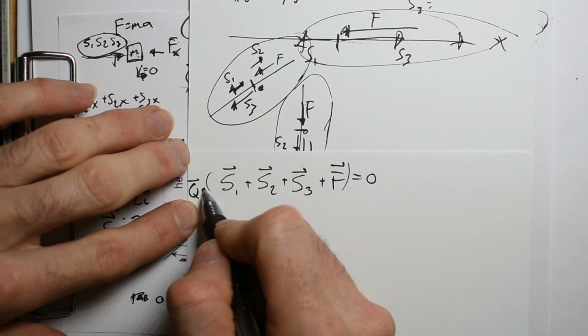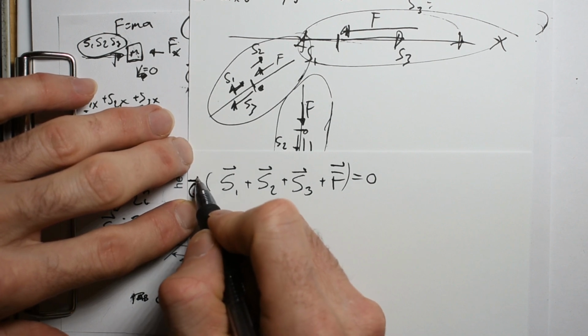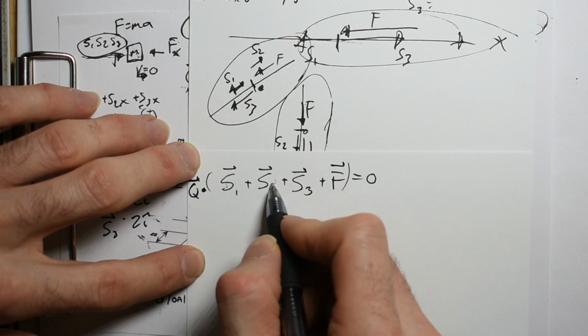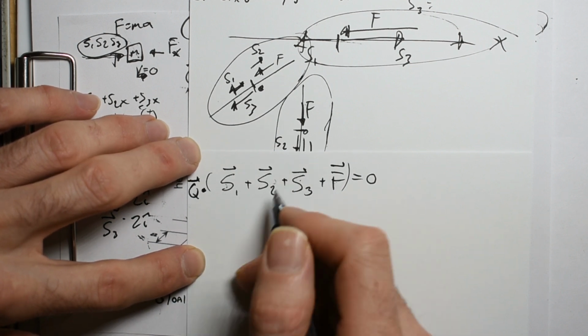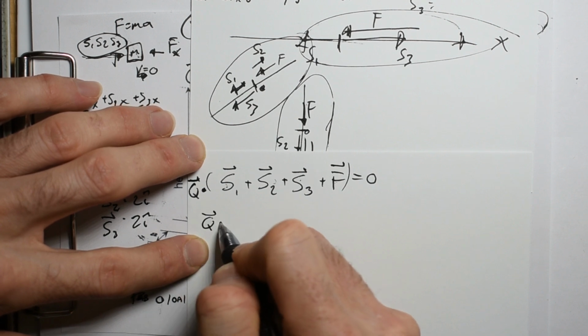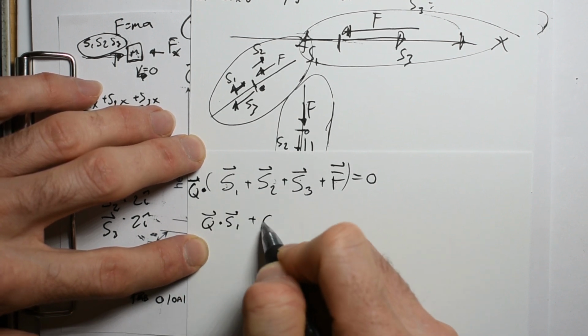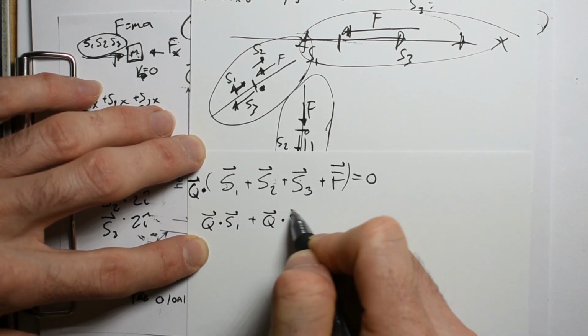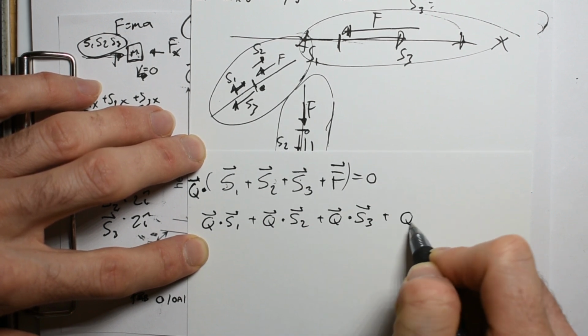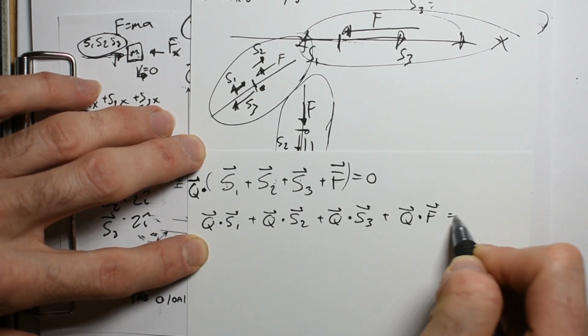But what I know about the dot product and multiplication, is it associative or commutative? This is going to be the same thing as Q dotted with S1 plus Q dotted with S2 plus Q dotted with S3 plus Q dotted with F is equal to 0.